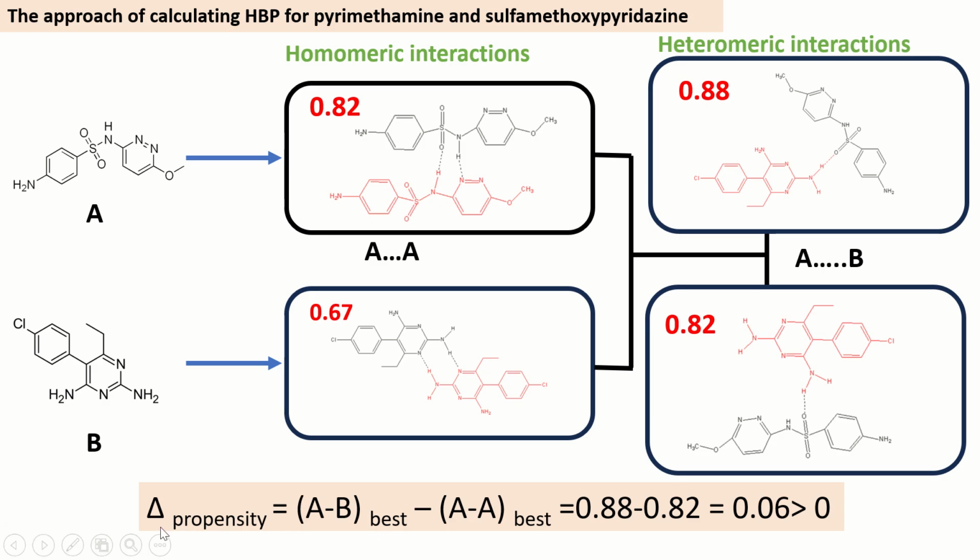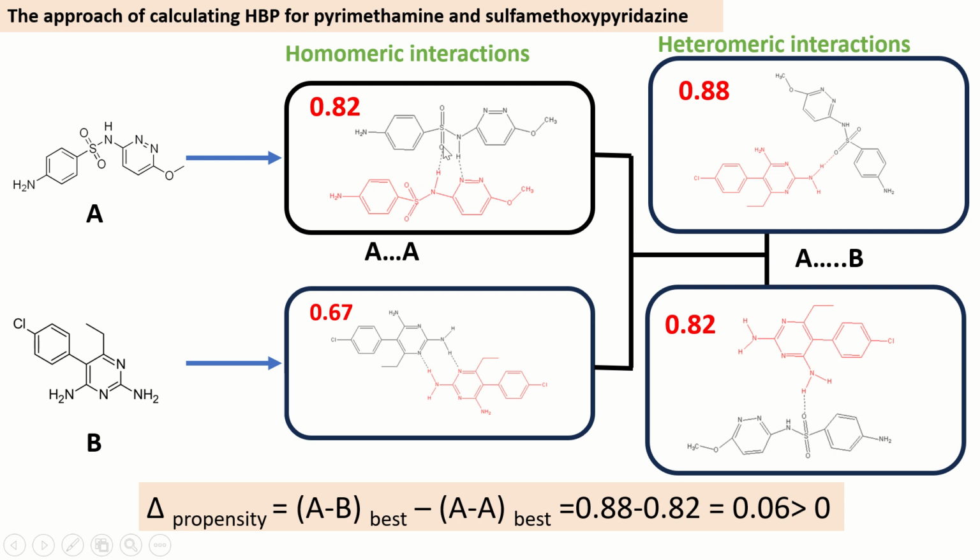their delta propensities. So for example, this is my sulfamethoxypyridazine, and this is pyrimethamine. So I will use the homomeric interaction. I mean, if both molecules are of the same API, then their best propensities are between the hydrogen of the sulfamethoxypyridazine and the nitrogen of this ring, and similarly the hydrogen of this amide group and the oxygen of the sulfonamide group.